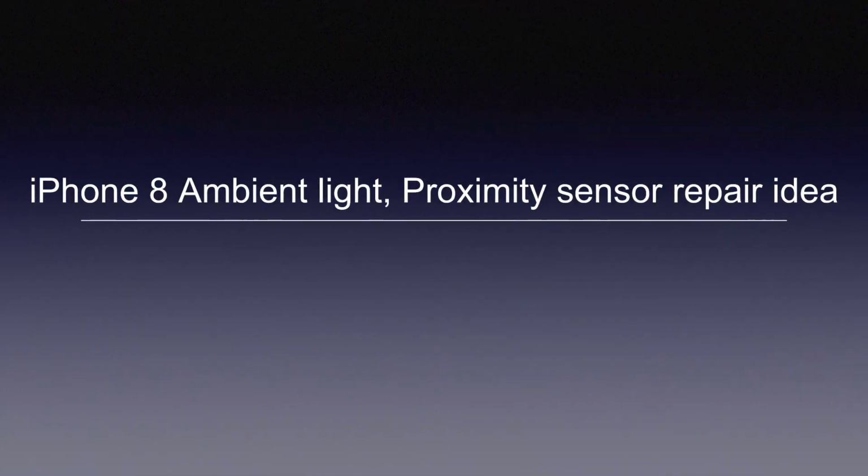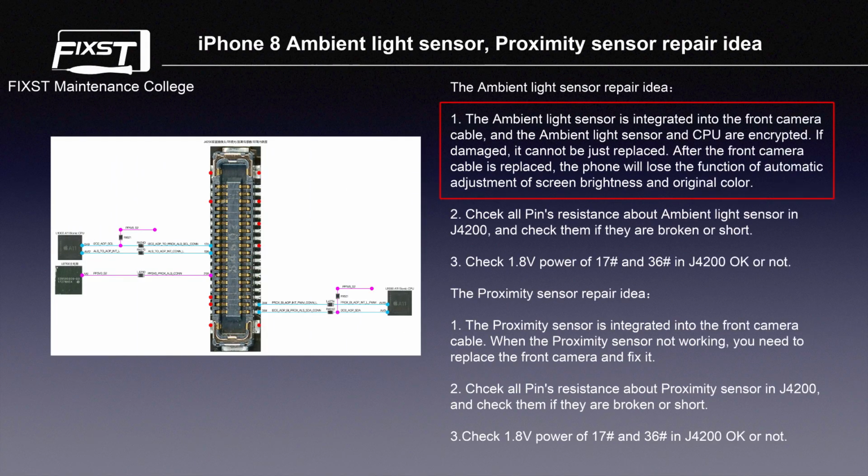Let's check the iPhone 8 ambient light proximity sensor repair idea. Number 1. The ambient light sensor is integrated into the front camera cable, and the ambient light sensor and CPU are encrypted. If damaged, it cannot be just replaced. After the front camera cable is replaced, the phone will lose the function of automatic adjustment of screen brightness and original color.